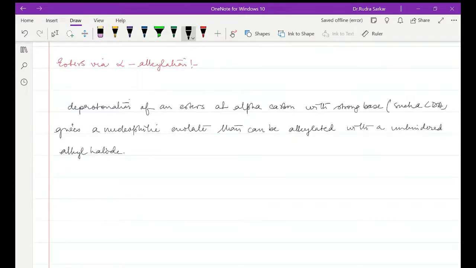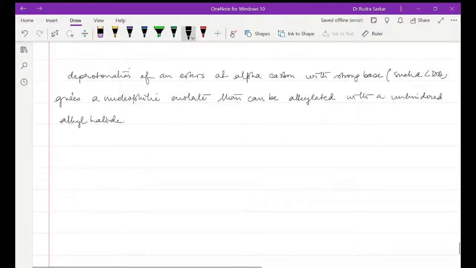So these are the common terminologies that we are constantly using while doing reactions. Let me present one scheme over here. Suppose this is your ester and we have used LDA, and obviously this is my alpha carbon. So enolization takes place.